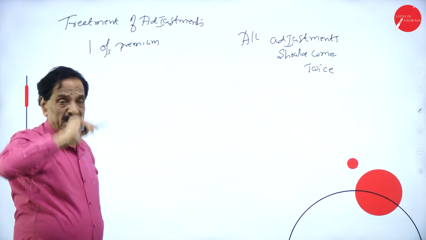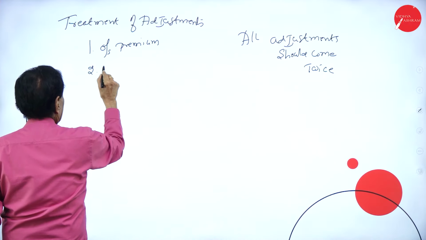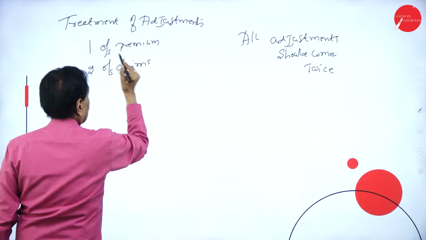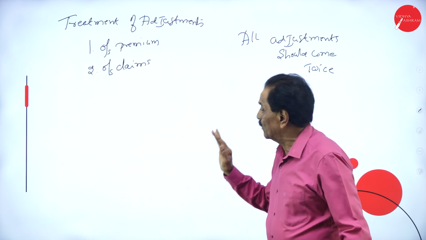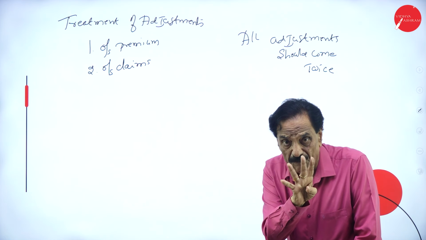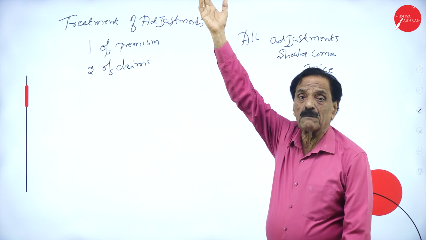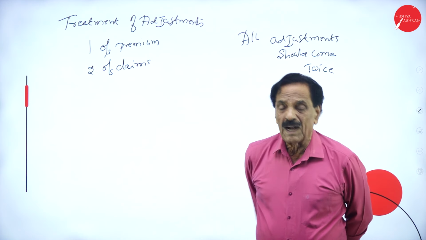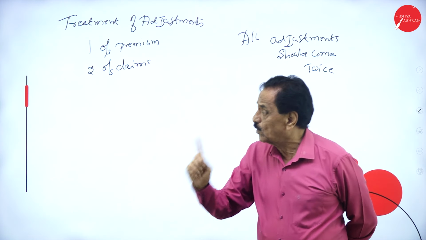Then current asset. Number 2, outstanding claims. Outstanding claims should be added to claims in schedule number 4, benefit paid. Then it will come on the liability side of the balance sheet, whereas the outstanding premium will come under schedule number 1 for premium. This should be added.